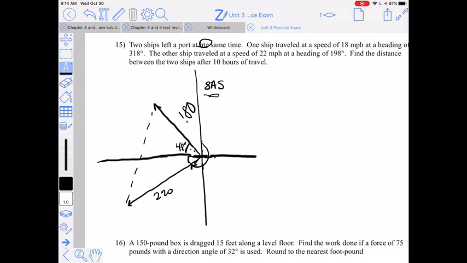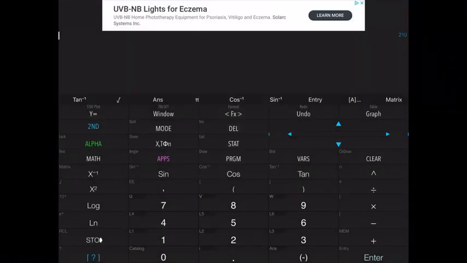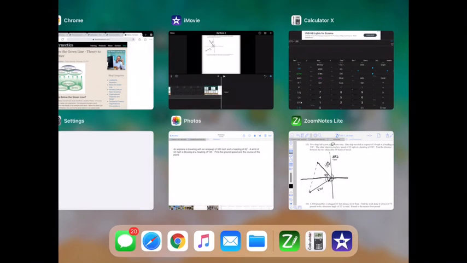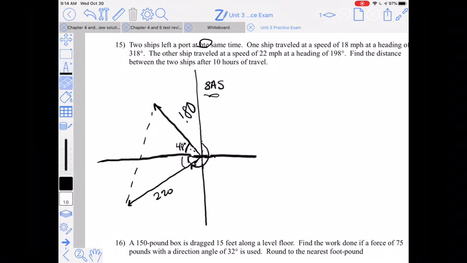Finishing off that angle up there to the x-axis would be 270 degrees. So the gap there would be the difference between 270 and 198. So that's 72 degrees.